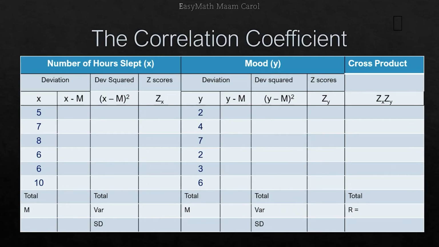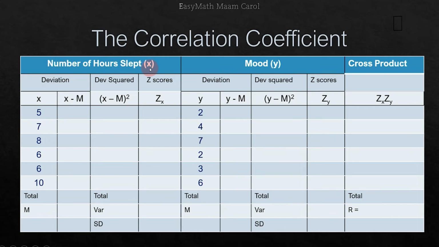Okay, so in this particular slide, I am showing you yung mga mathematical model na kailangan para sa computation ng correlation coefficient or yung Pearson r natin. So, dito sa first column, you can see na andito yung X, okay, so ayan yung number of hours slept.